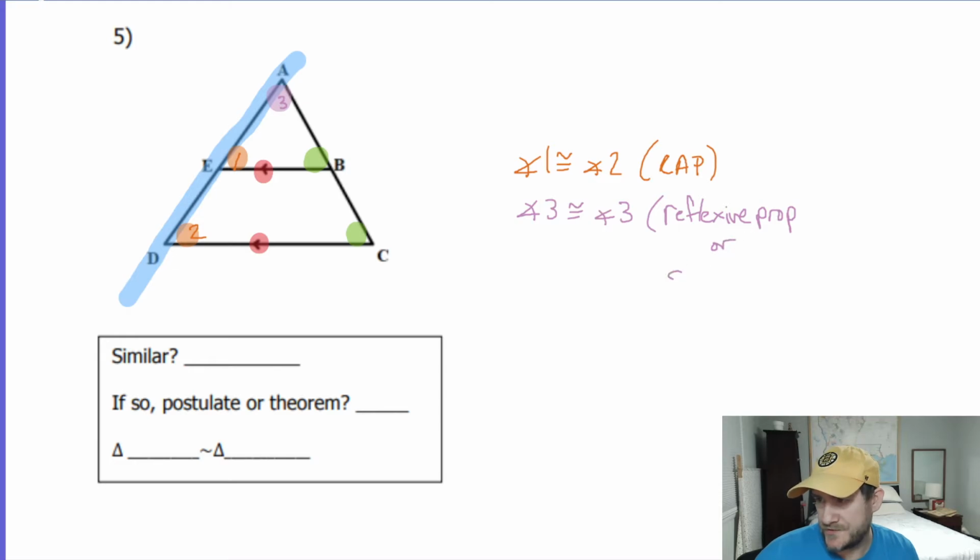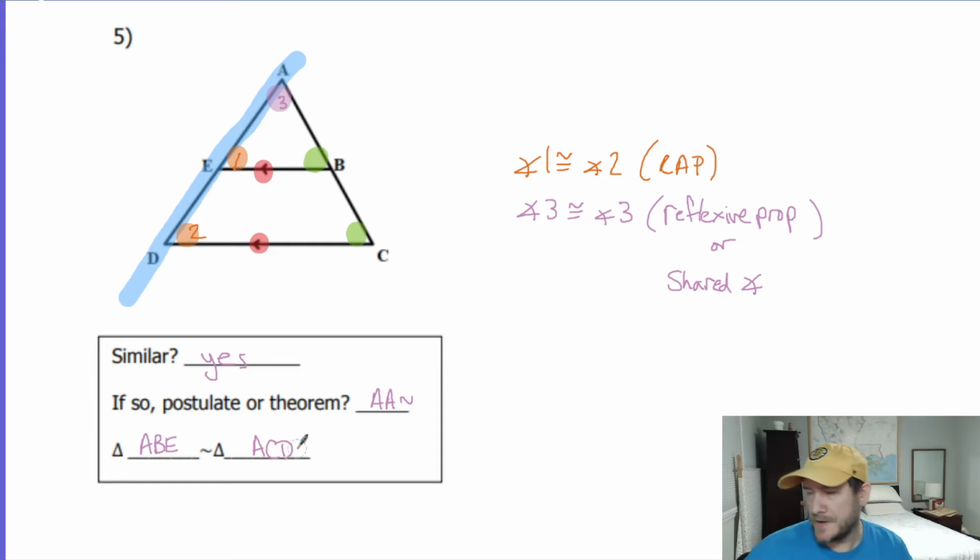Or you could say shared angle. But that's it. That's good enough. That gives us our angle similarity, which means are they similar? Yes. Which means we can name them. The first one, ABE, I guess. And so then the bigger one would be ACD. That's it.